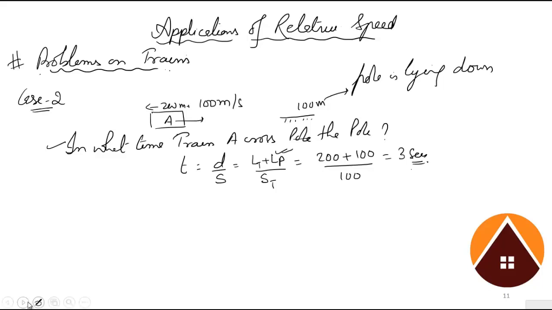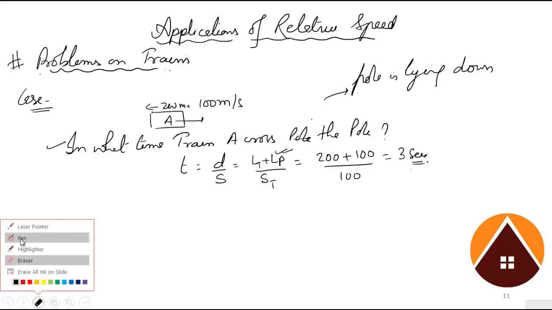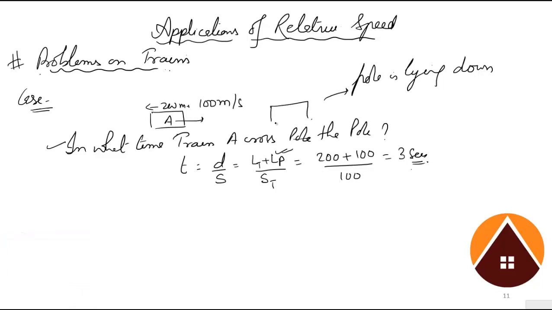Right? Now in the scenario 3, instead of this pole, if I have another train whose length is 200 meter and this train is not moving, so speed is 0.